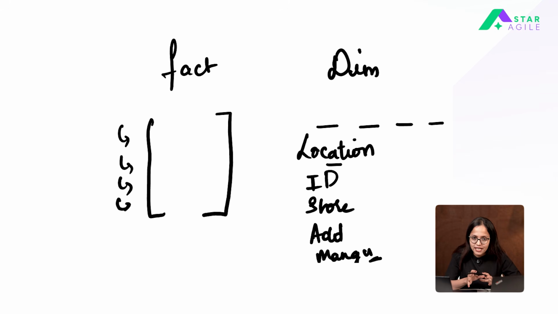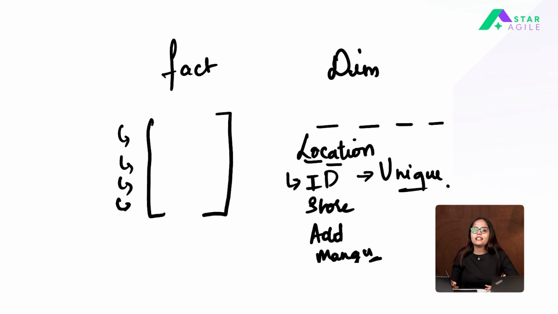So this differentiation is very much essential, which brings us to the new concept of understanding primary keys and foreign keys. Now, as I told you, a dimension table consists of IDs. These IDs are essentially unique values, which means there is no sense in repeating these IDs over and over again in your dimension table.